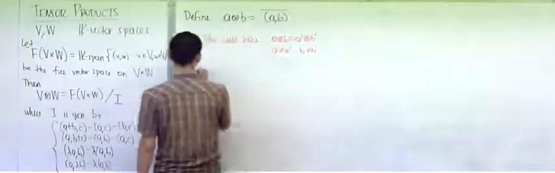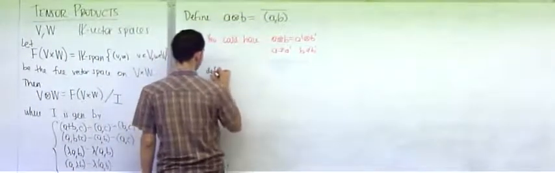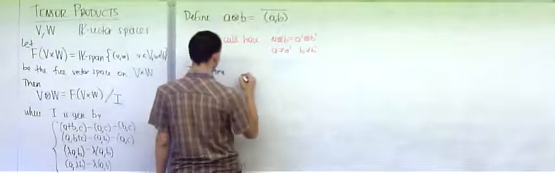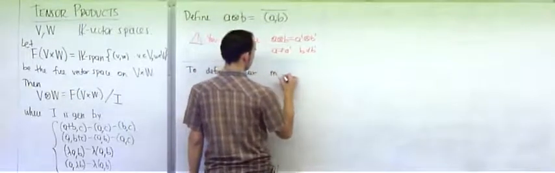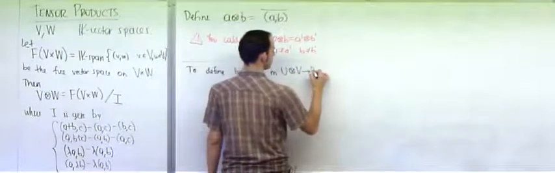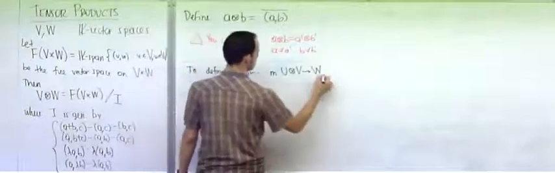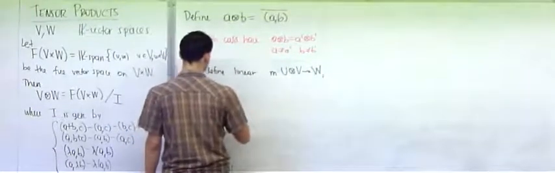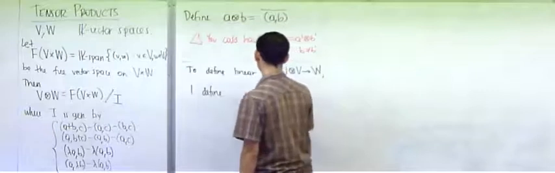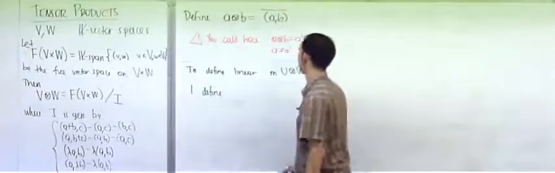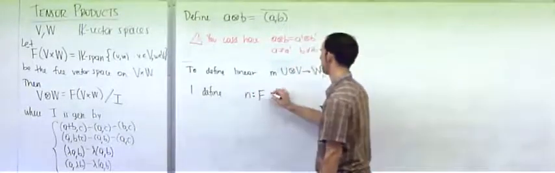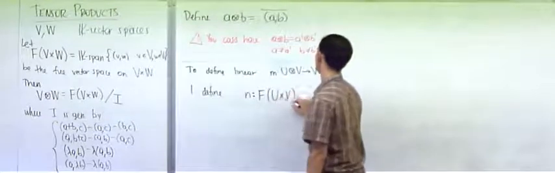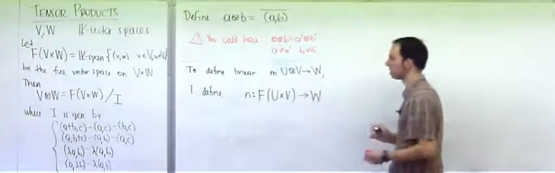So to define a linear map, let's say m from U tensor V to W, what I do is I define n of the free vector space.